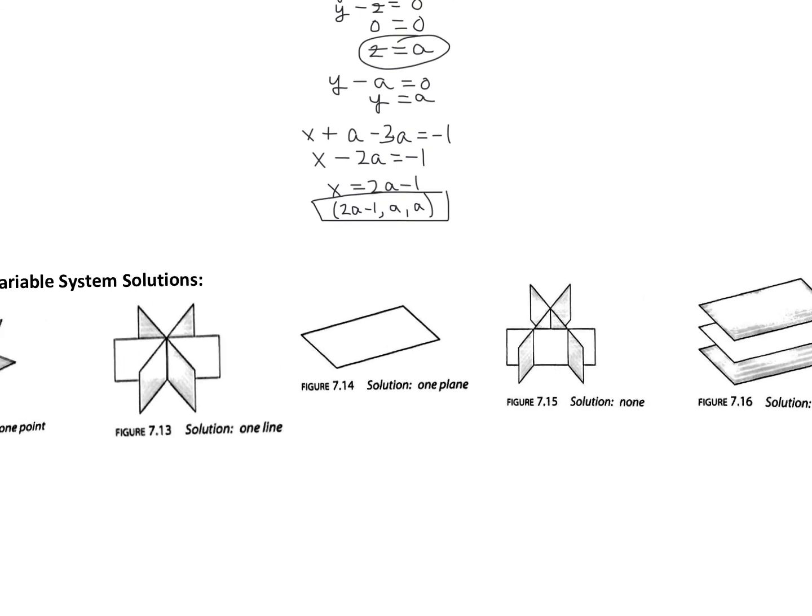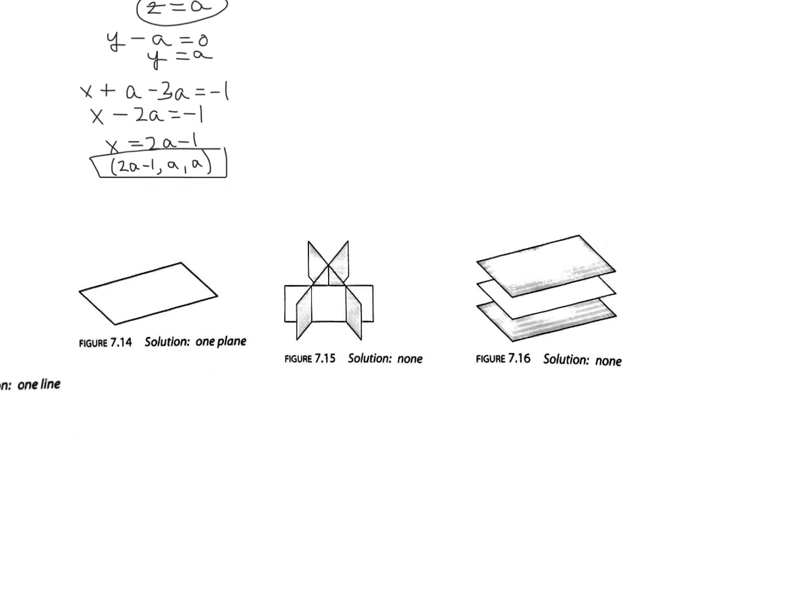All three planes could be the same plane, and then we could have no solutions where they cross kind of like in a triangle fashion, where all three planes do not intersect in one line, or a point, or overlap all three of them in one spot or one line. And then the last one where they're all parallel to each other.